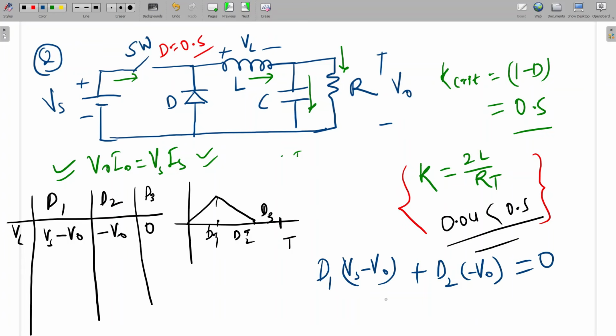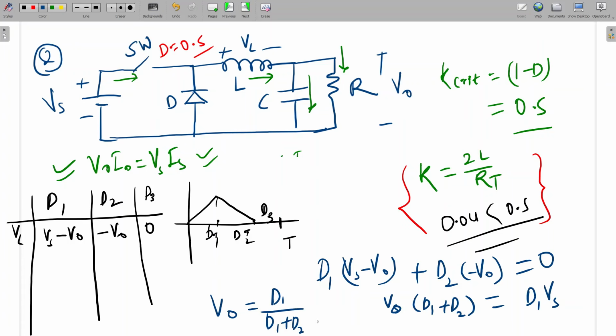So V0 common, D1 plus D2, is equal to D1 Vs. So V0 will be D1 divided by D1 plus D2 into Vs. This is the equation for discontinuous conduction. This is the charging time D1 Ts and discharging D2 Ts, and for D3 it will be 0. Is it clear up to now? Clear.